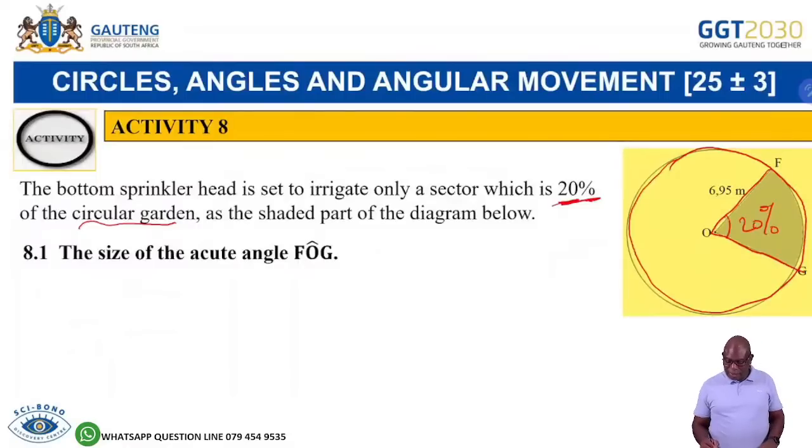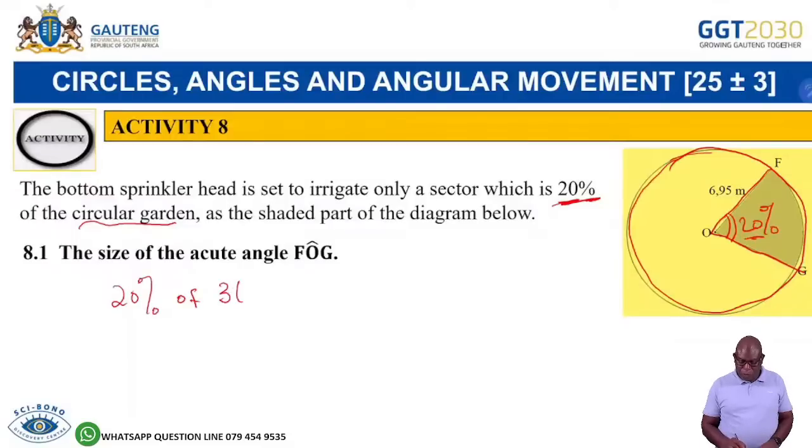Calculate this angle here. This angle is 20% of the whole. So how am I going to get it? I'm going to say 20% of the whole. And what is the whole? 360 degrees, because I need an angle. So this is FOG.